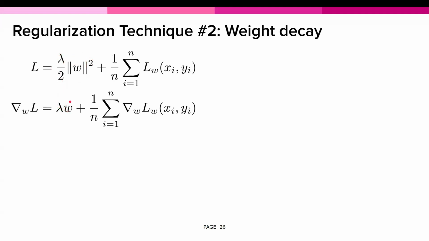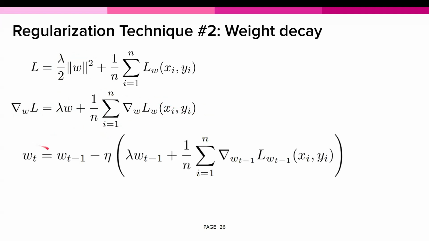When we apply this in a gradient descent scenario, which isn't something we've done before, the gradient of this loss function is going to be equal to lambda w, so that 2 comes down, cancels out the half, and we're left with lambda w, plus the expectation of the gradient of the loss on that side. Then we take a step in the direction opposite of this gradient.